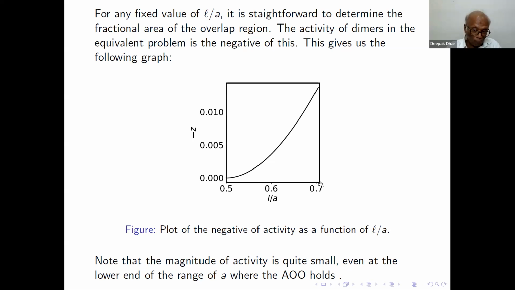But at the end of the AO condition, where L by A is 1 by √2, this value is still only 0.015. It's pretty small. So the magnitude of the activity is quite small, even at the lower end of the range of A where this AO condition holds.